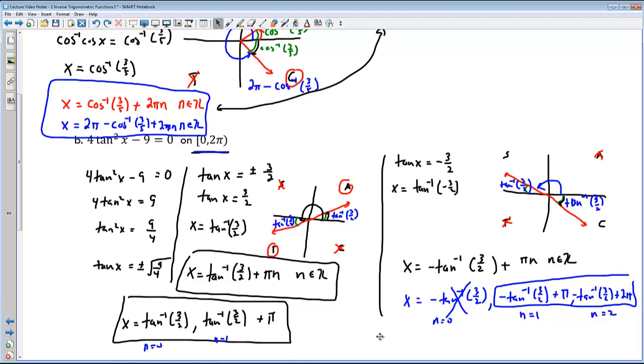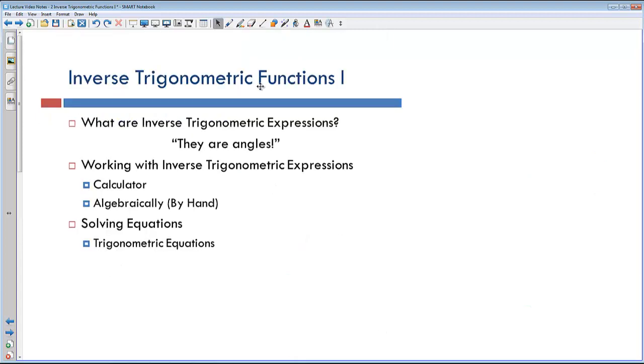All right, so let's review here just for a moment. What have we done? We talked a little bit about what inverse trigonometric expressions are, and the key is that they're angles. So when we work with them, we can work with a calculator, and then algebraically, think of them as angles. If you do that, then most of the problems are not too difficult to solve. And then we solved some equations using these inverse trigonometric expressions.